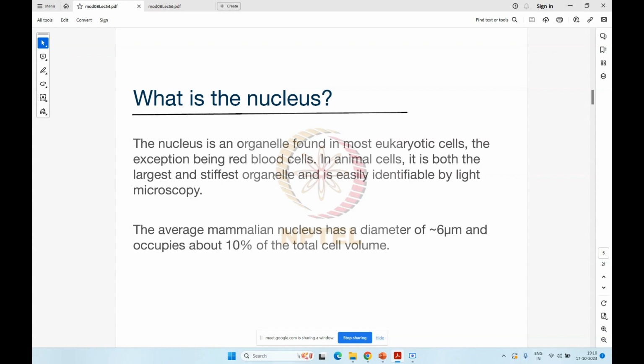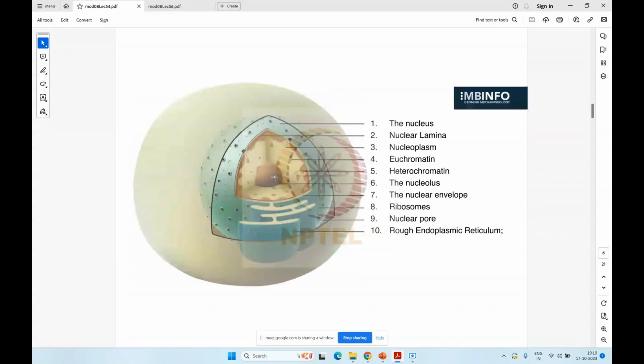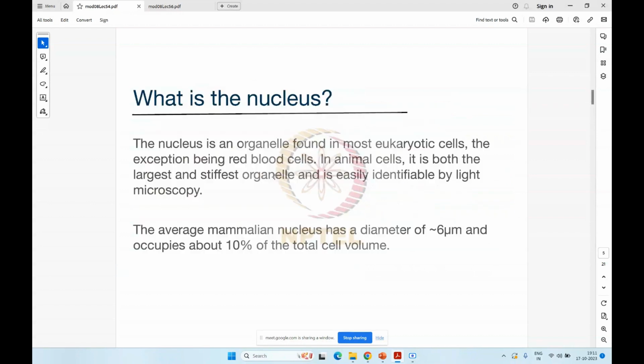The nucleus occupies around 10% of the total cell volume on average. It can differ. If a cell is migrating from one place to another, you'd see that the nucleus is the last part of the cell that would migrate.